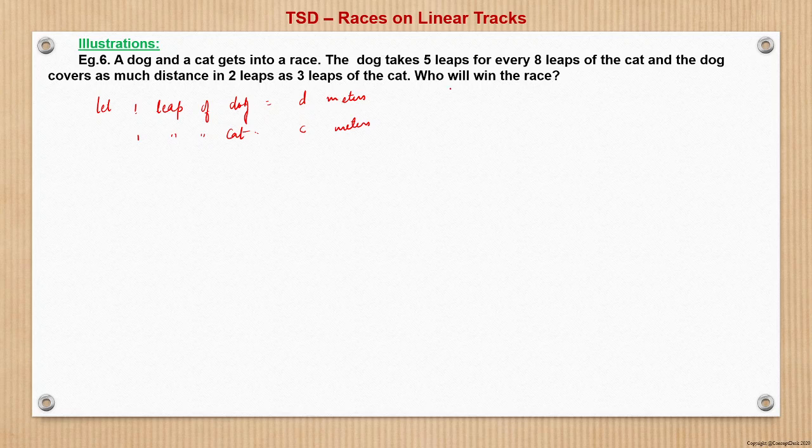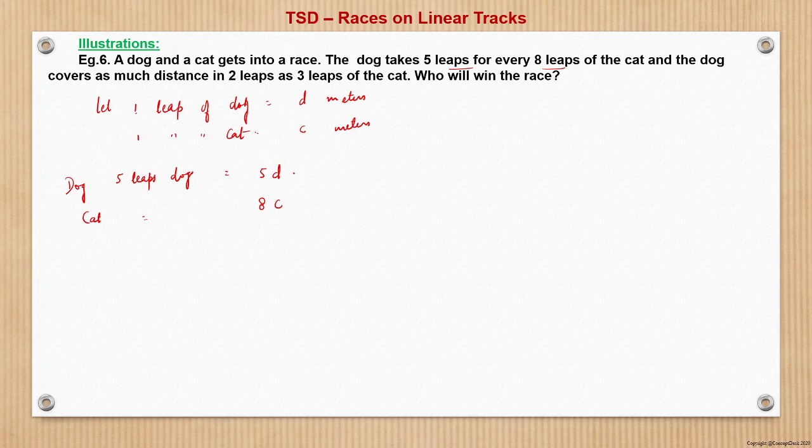Now it says that the dog takes 5 leaps for every 8 leaps. So let us assume that in 1 second the dog takes 5 leaps. So this is nothing but 5 leaps of the dog, which means 5d in a given time, and the cat takes in the same time 8 leaps, which is 8c, right?